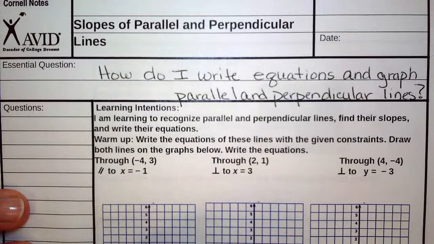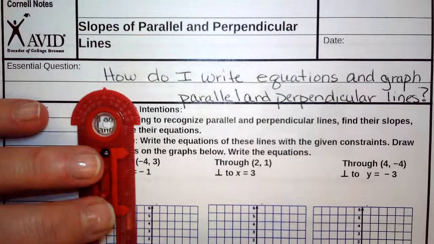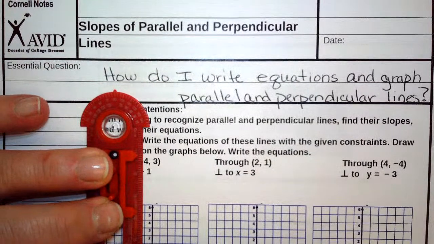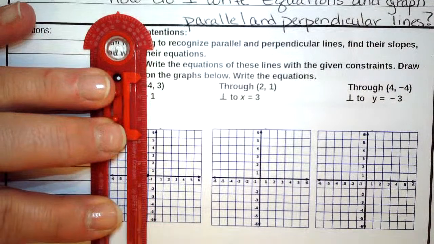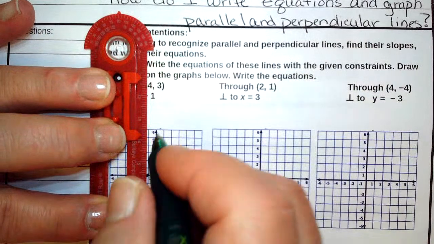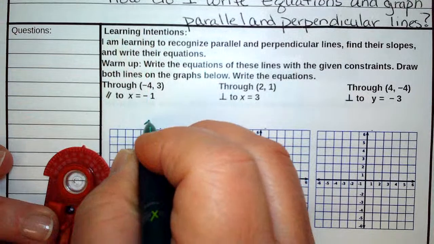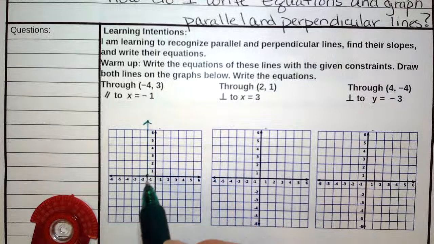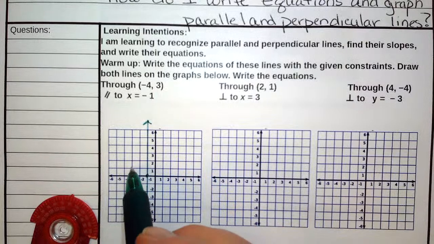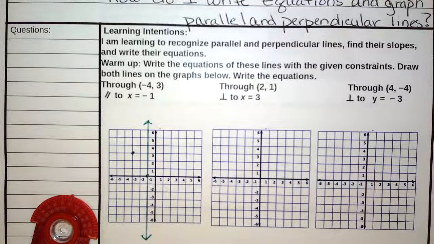Okay, so I'm looking at -1. Here's -1. And it goes through (-4, 3). What do you notice? What do you see?